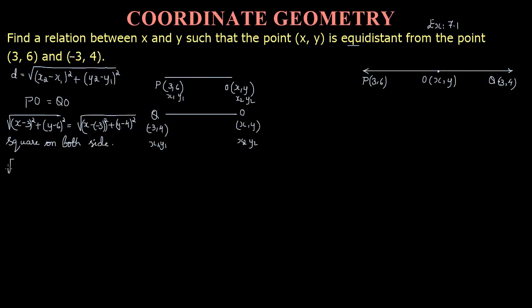If I am squaring this side, what am I going to get? (x - 3) whole square plus (y - 6) whole square. Everything I need to write in bracket, and then square it, right? In the same way here, x minus into minus becomes plus: (x + 3) whole square plus (y - 4) whole square.